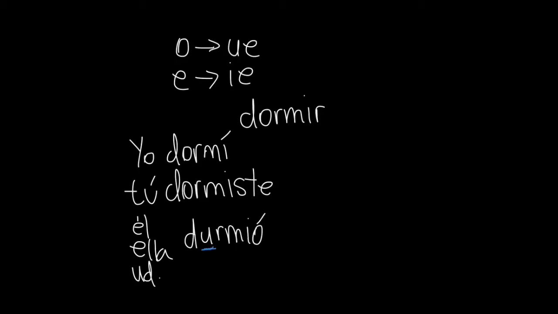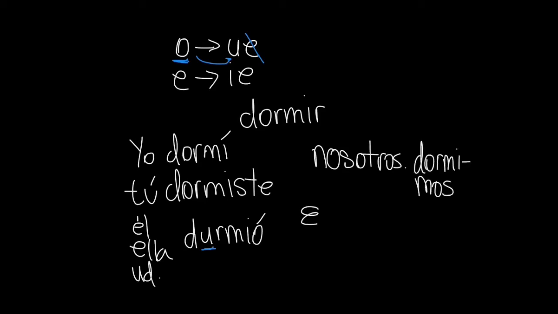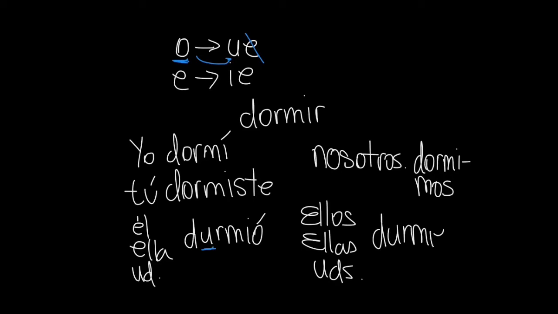Notice that the o only has a half spelling change. We eliminate the o and leave the u. But then nosotros goes back to dormimos, and exactly the same thing happens in ellos, ellas, ustedes. It will be durmieron. Basically, the only changes happen in the él, ella, usted, and ellos, ellas, ustedes forms.